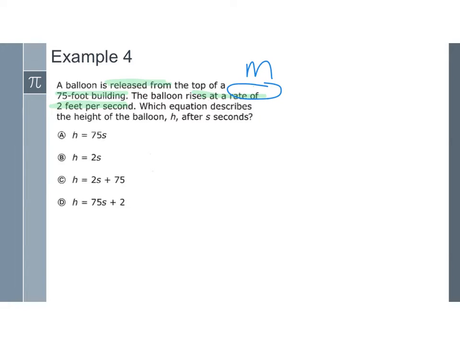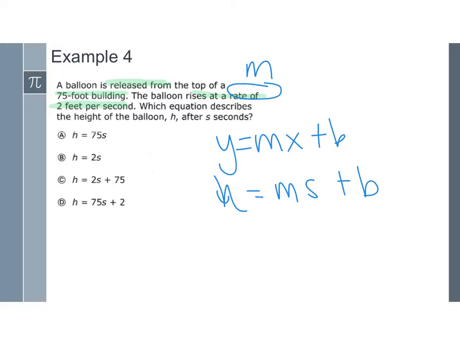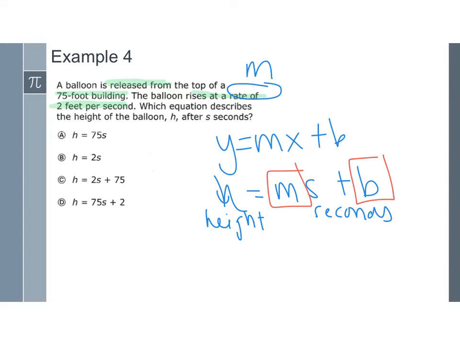And then we know that we're trying to write an equation y equals mx plus b, only this time it's going to be h equals ms plus b, because h is the height and s is the time in seconds. So we're still looking for the m and we're still looking for the b. The m, they gave us a clue word of rate of 2 feet per second, so our m is going to be 2.